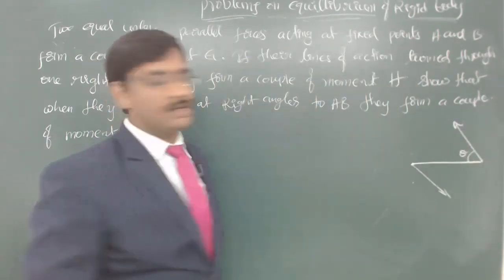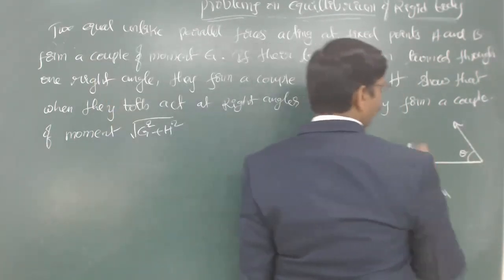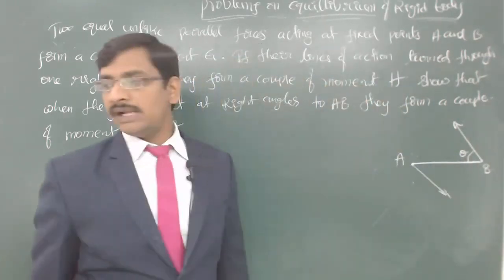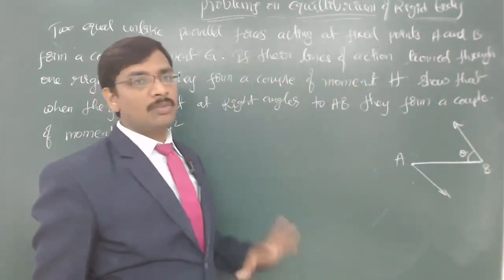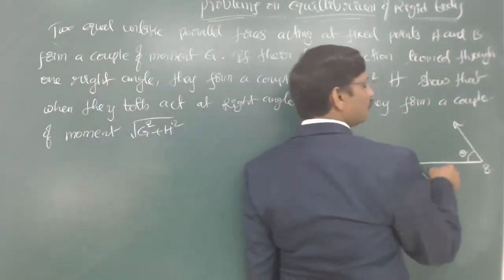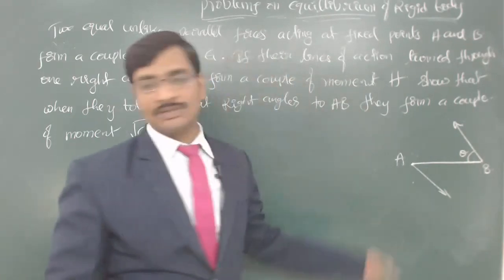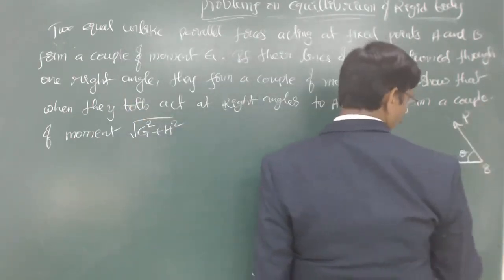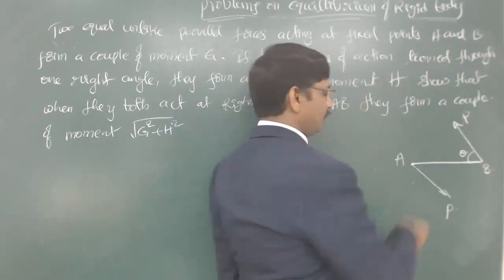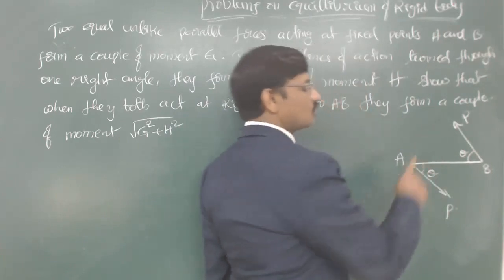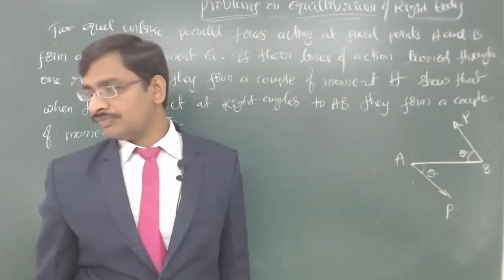For a couple, we have calculated the moment: the moment of a couple is always the perpendicular distance between these two forces multiplied by the force. If this force is P and this force is also P in the opposite direction, this angle is theta and this is also theta, because these two are anti-parallel to each other.